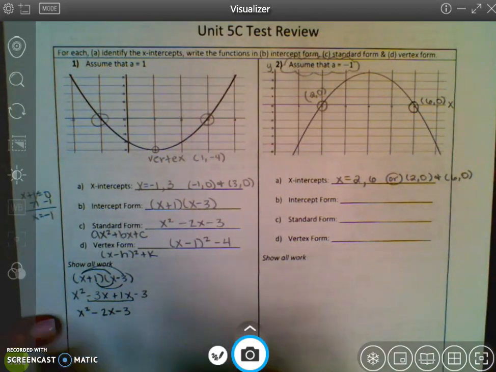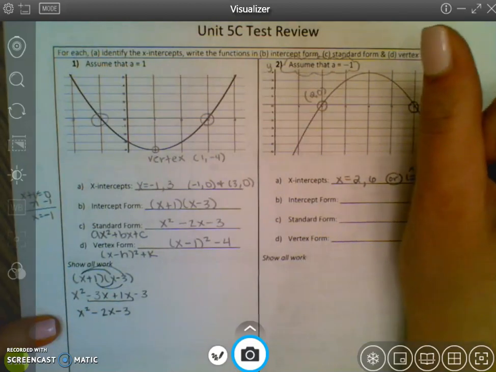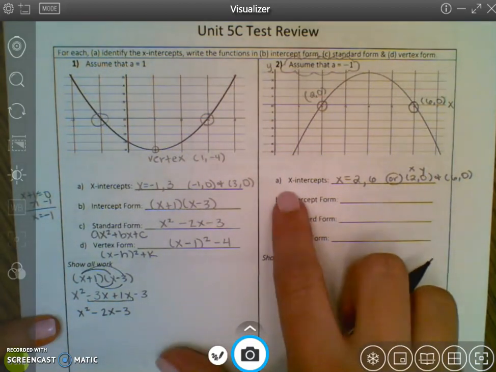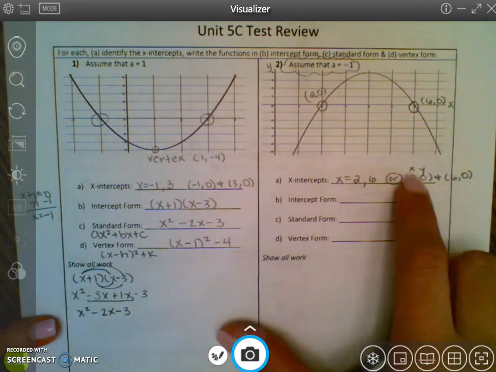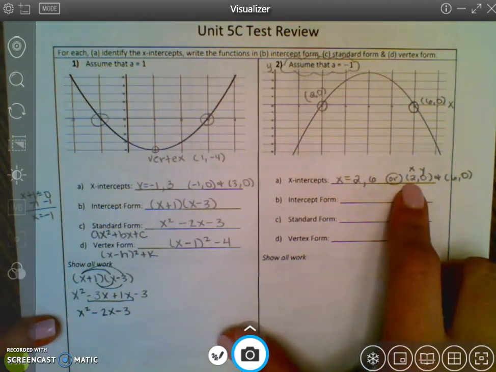Again, they are x-intercepts, so these are x, y points. Make sure the x-intercept number goes under the x value.